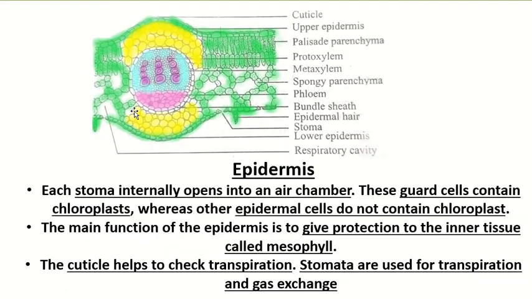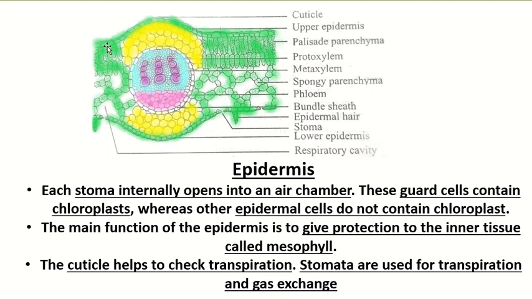Each stoma opens internally into an air chamber. So here you can find the stomata. Behind the stomata you can find the air chamber. And the guard cells contain chloroplast, which is a cell organelle responsible for the photosynthesis process, whereas the other epidermal cells don't contain chloroplast.